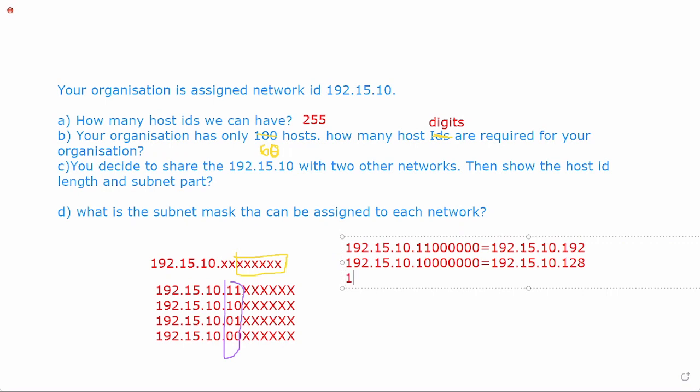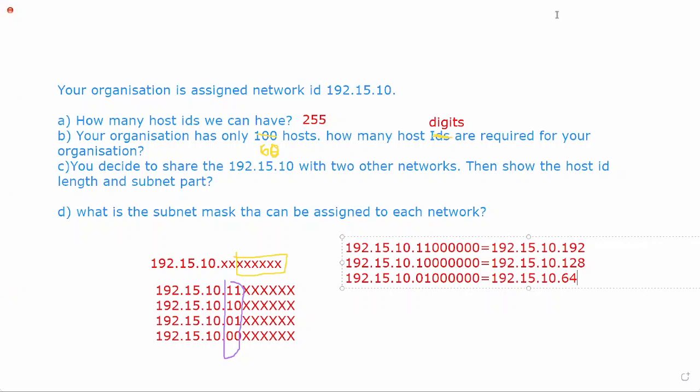Next network: 192.15.10.01, right? 0, 0, 1, 0, 0, 0, 0, 0, 0, 0, right? So that means 192.15.10.64. Yes, 64, right? Like that. If you want another network, then that will be 192.15.10.0.